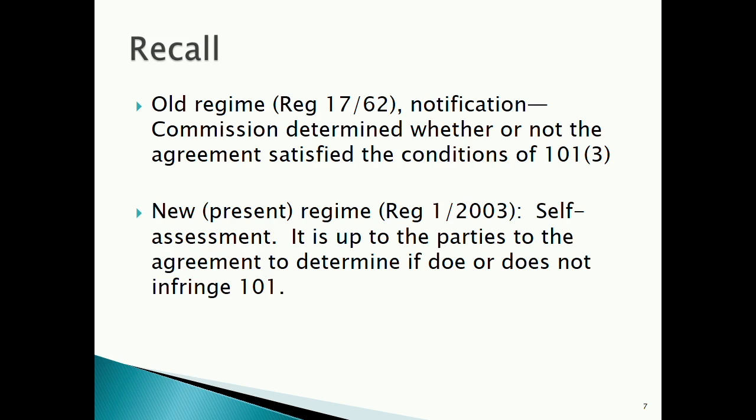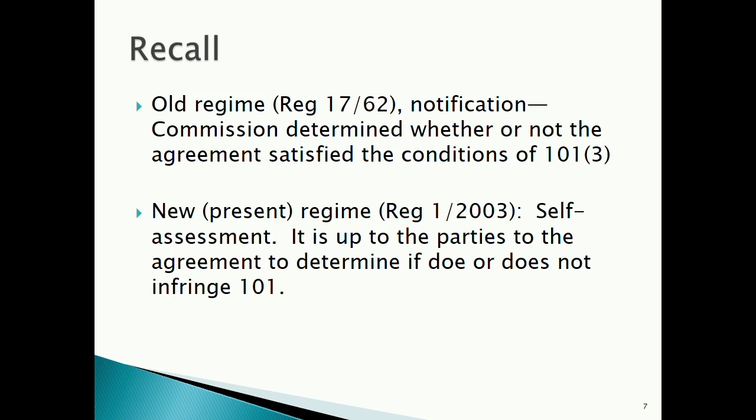There are a number of reasons for this. Okay. In the old days, where the Commission made the decision, the Commission could balance one thing off against another.